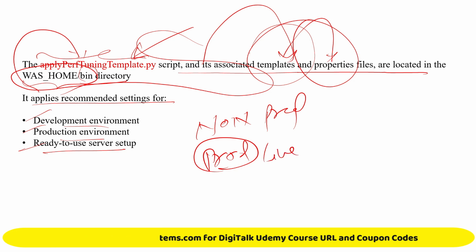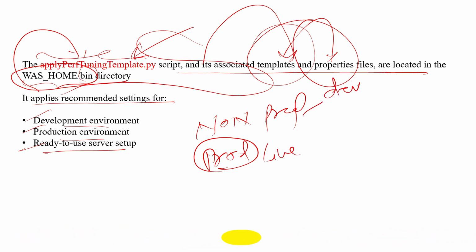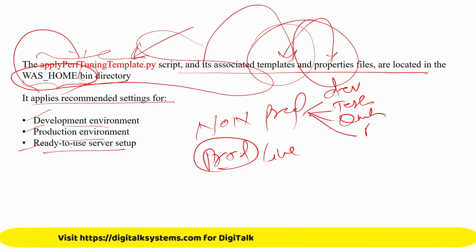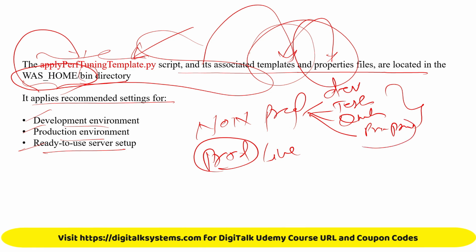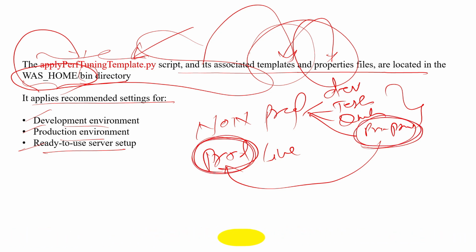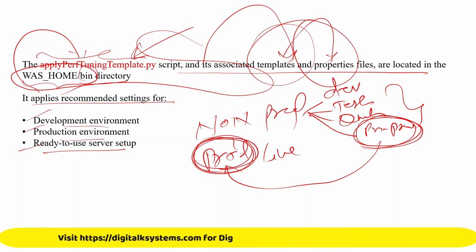Production is your live environment; non-production contains the multiple development, testing, quality, pre-prod and some more environments. Sometimes this pre-prod is also referred to as prod, because whenever we move any code to production, we first test in pre-production. That means whatever tuning you are going to apply in production, we apply in pre-prod as well.